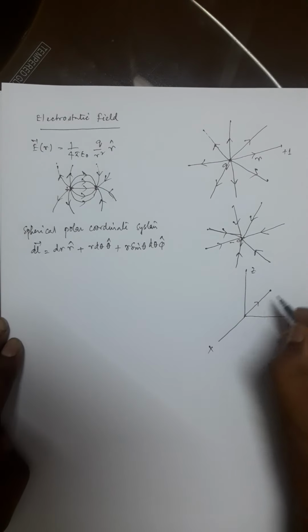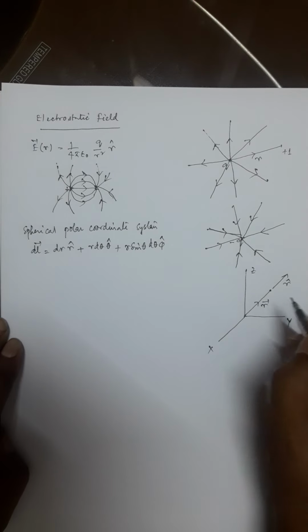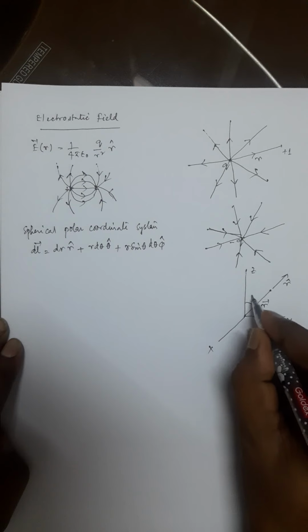This r hat vector is directed along the direction of increment of the radial coordinate r, and this is the polar angle theta.